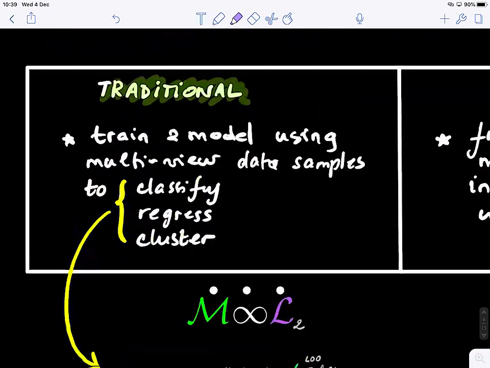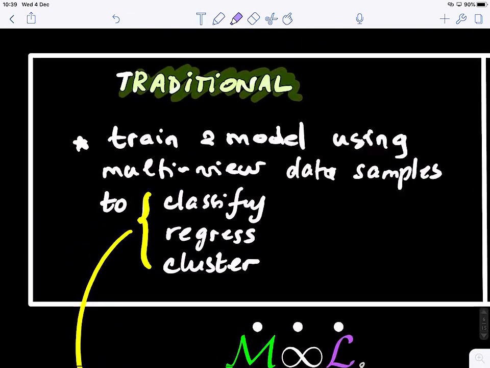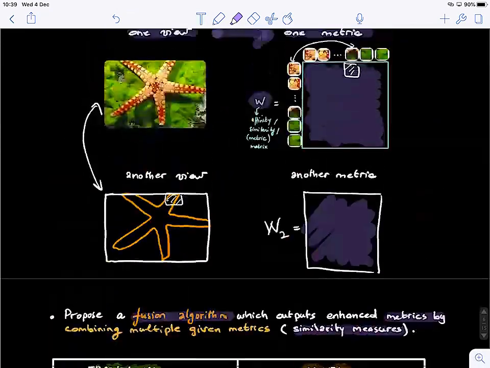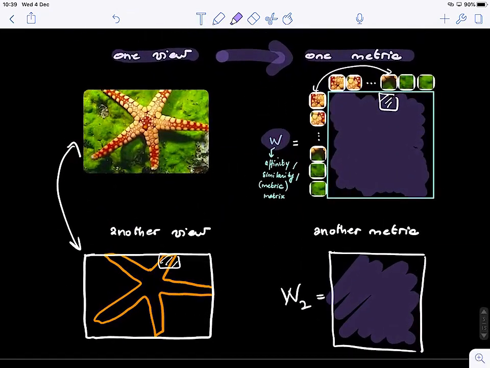So traditionally, how was this problem solved? Generally, if you have multi-view data like this, okay, and you want to perform classification, clustering, retrieval, etc., there are different approaches that directly operate on multi-view data. So to build a classifier, to train a model, they look at all these views at the same time and try to integrate them in their model, learn from all of them, okay?